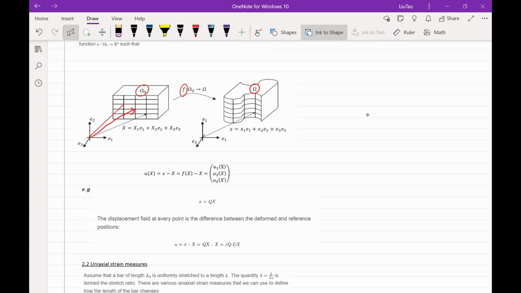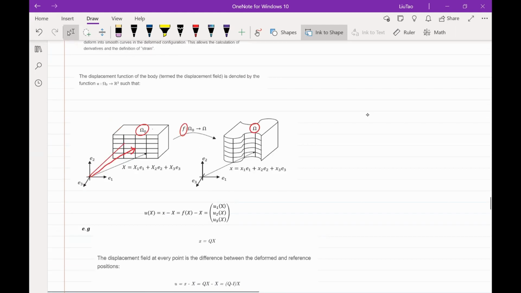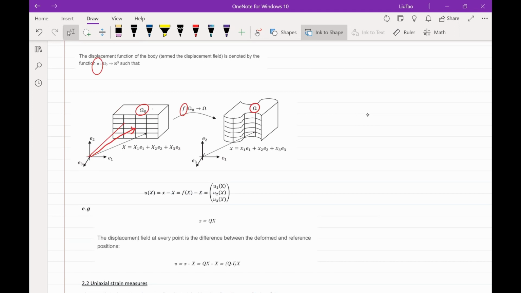And it also allows for the calculation of derivatives and the definition of a strain. The displacement function of a body is usually denoted by the function u from omega 0 to omega.